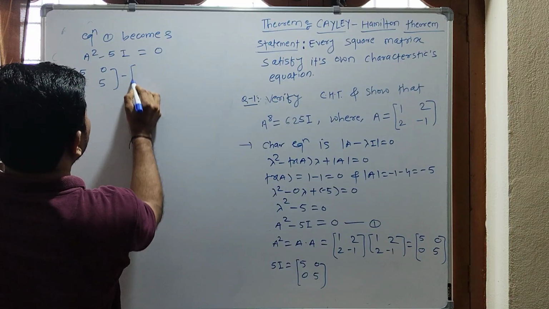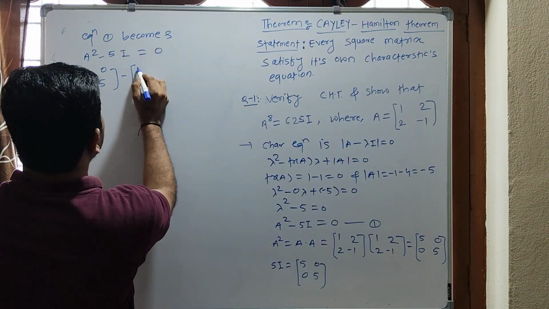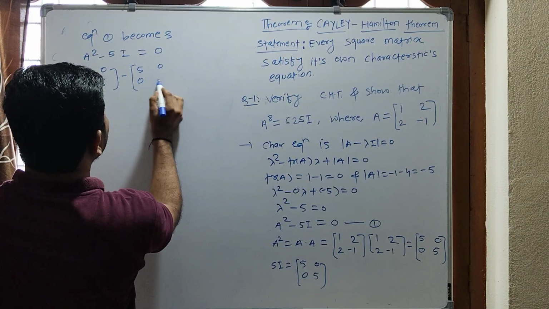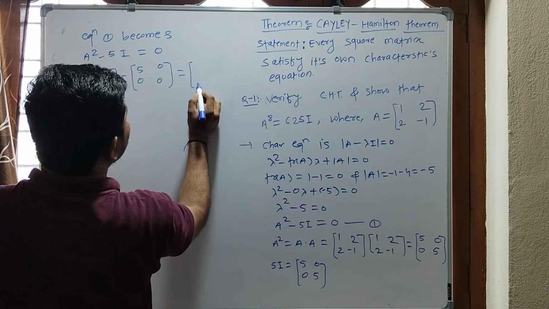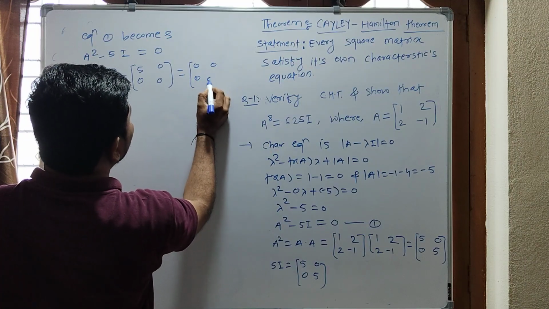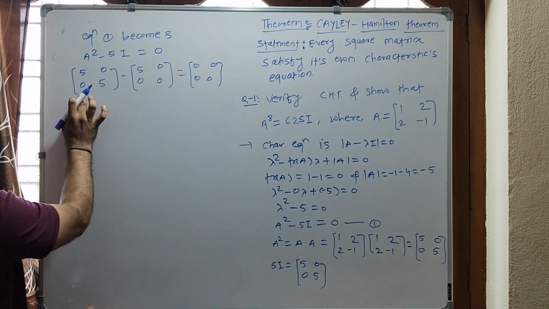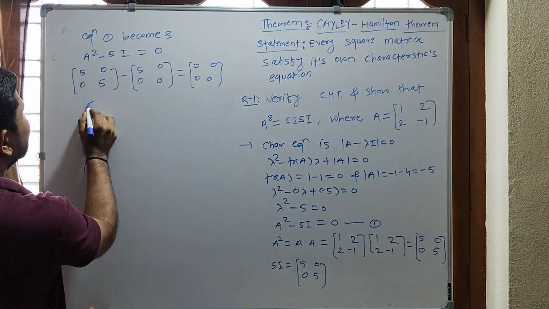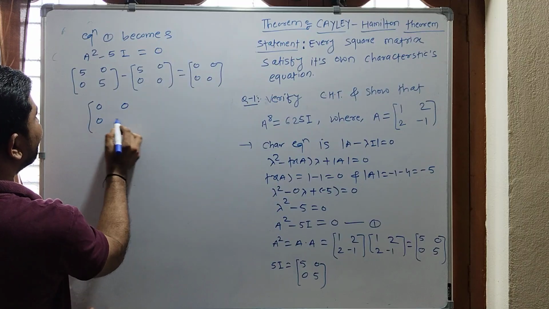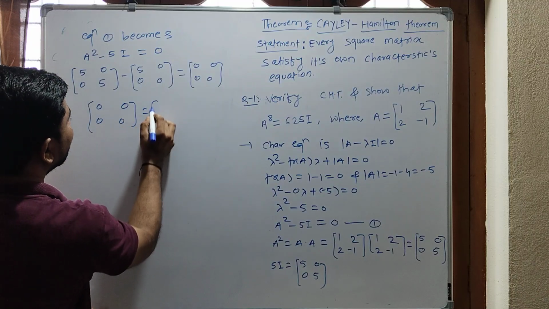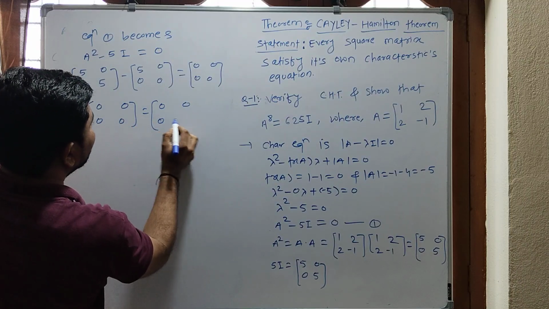Now matrix subtraction: 5 minus 5 is 0, 0, 0, 0, which is equal to the 0 matrix 0 0 0 0.